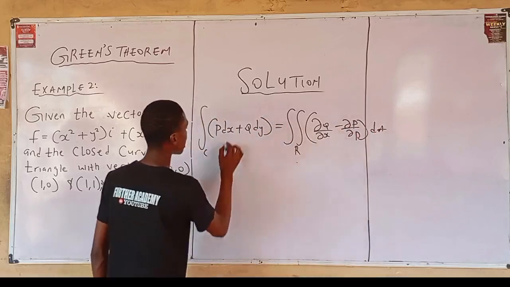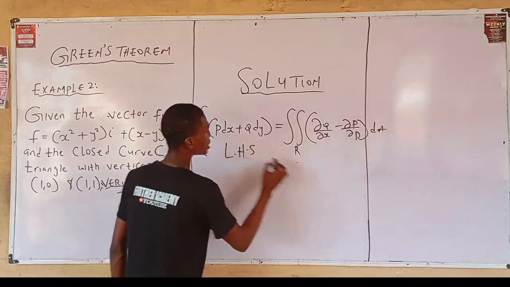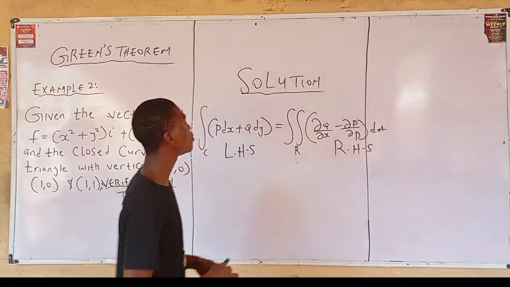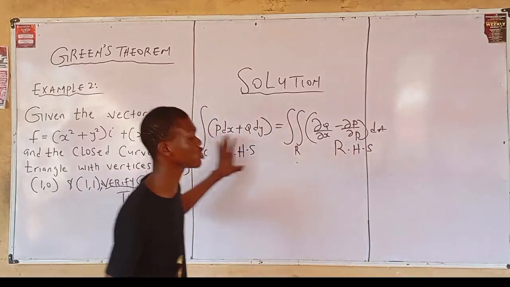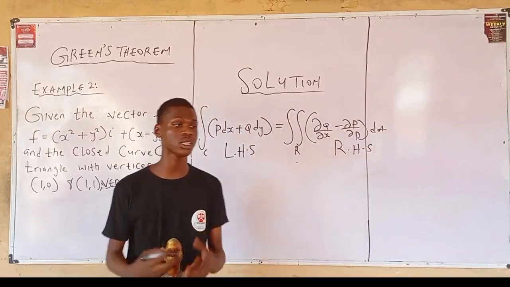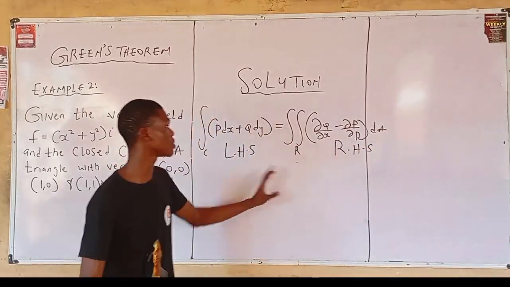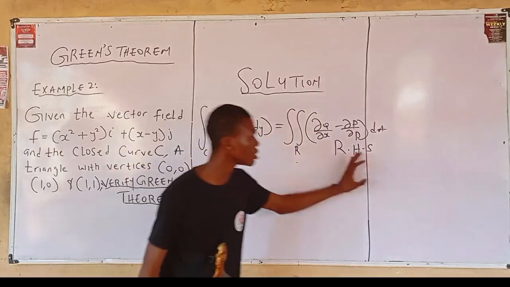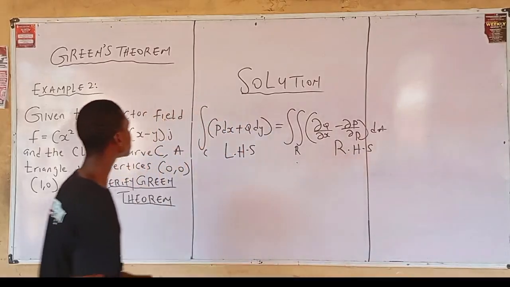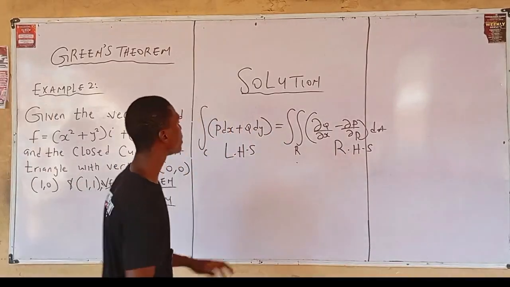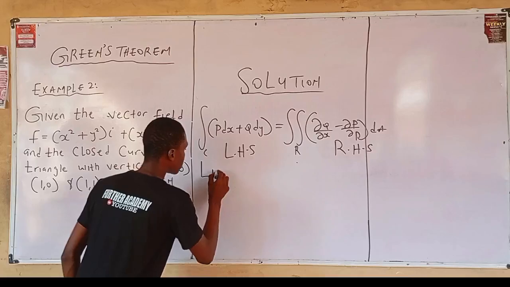This is the left hand side and this is the right hand side. So this is Green's theorem, what it says mathematically. Previously when we did the introductory video, we defined what each term means for the left hand side and the right hand side. Now let's solve our question using the left hand side, meaning the line integral.